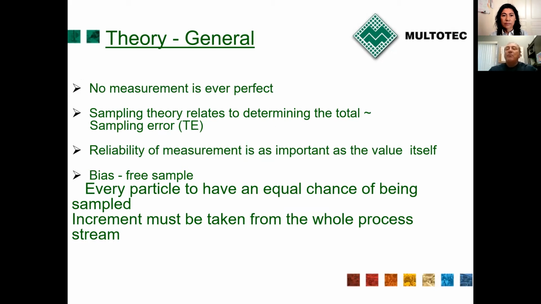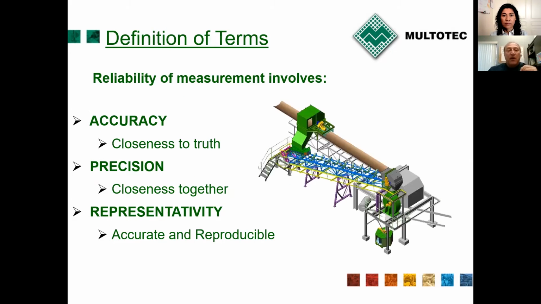We are trying to minimize the error by being able to reproduce efficiently and accurately the measurements. That's why we have machines and equipment that give us accuracy, which is being close to the truth of exactly what you have in your ore, and precision, to be as close as possible.